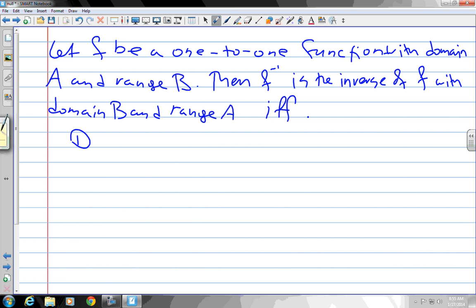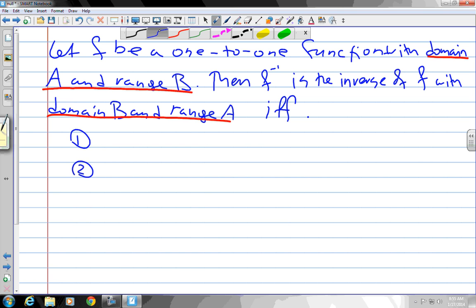The two things that need to work in order for a function to be an inverse, do you guys recall those two things? Given two functions, what needs to happen in order for them to be inverses? Well, that's how you find the inverse. But if I take a composition of a function and its inverse, what has to come out?